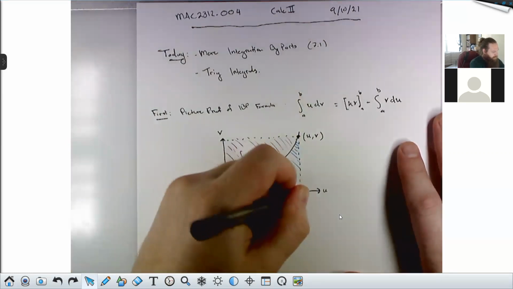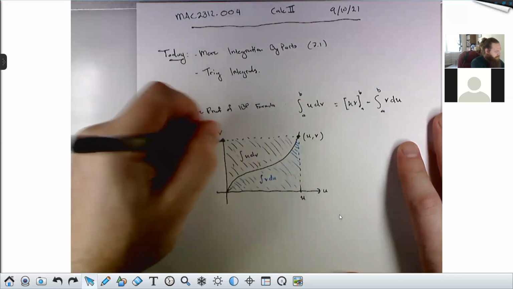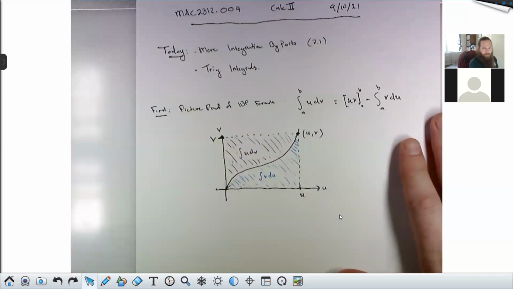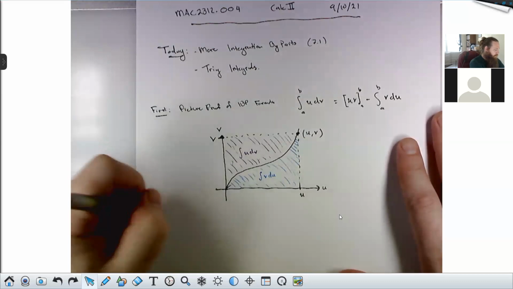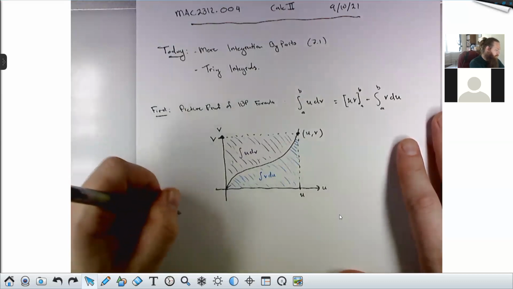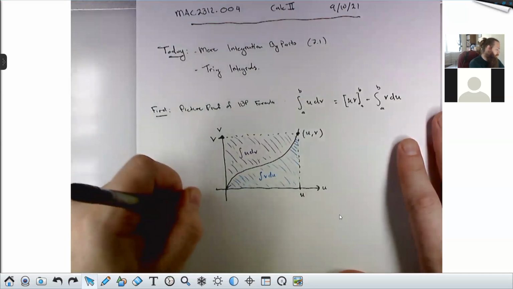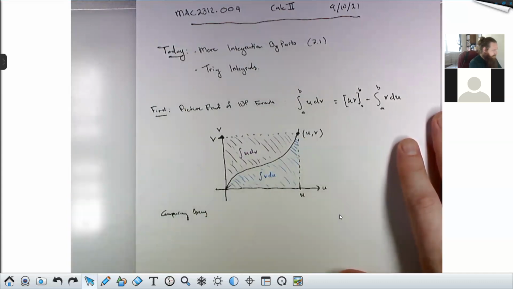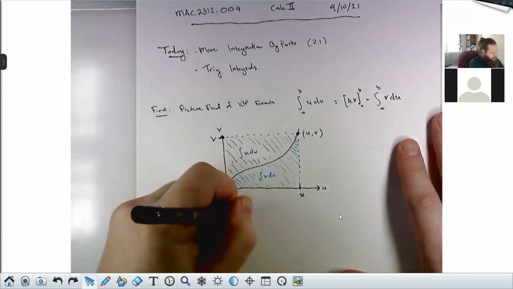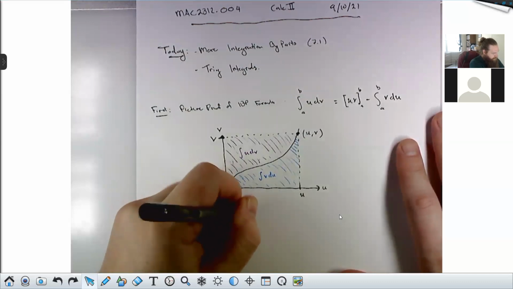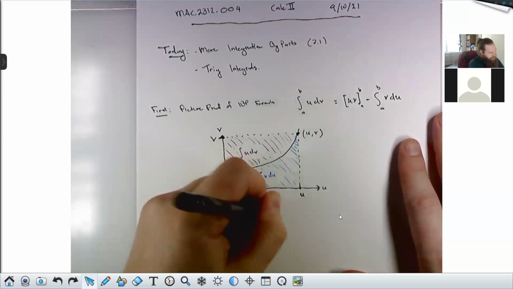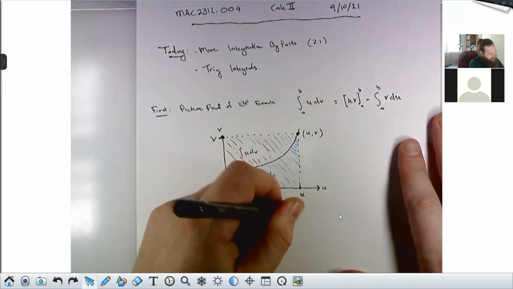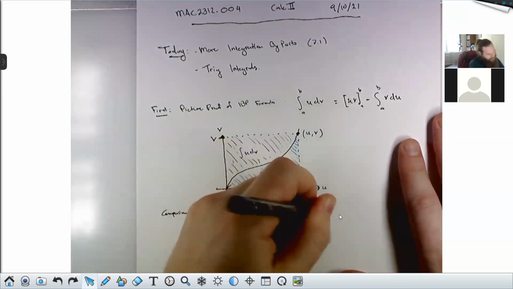So this is your u and this is your v. So just by comparing the areas, clearly the purple plus the blue is equal to the rectangle. So you get the integral of u dv plus the integral of v du is equal to u times v.